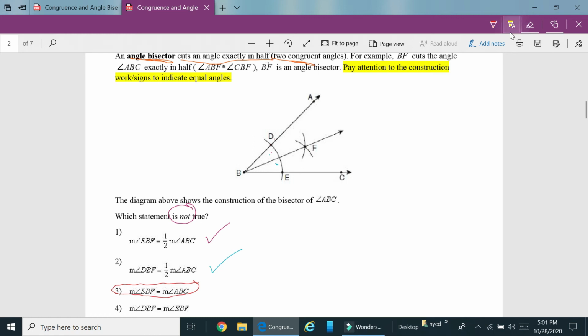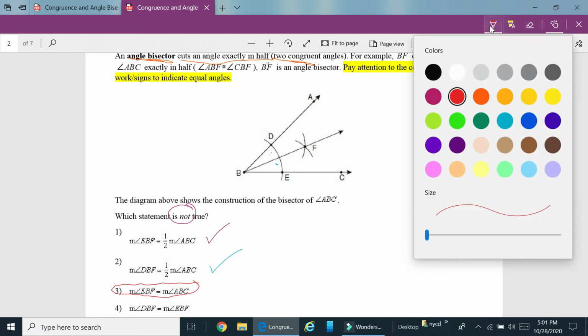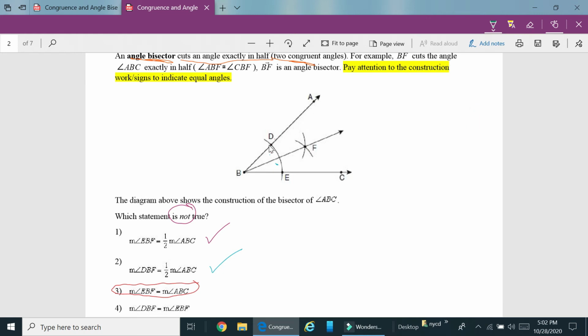DBF. Okay, so that's the half of that angle right there. Remember, an angle bisector divides into two equal parts, two congruent parts. So that's my angle right here, that's one side there.